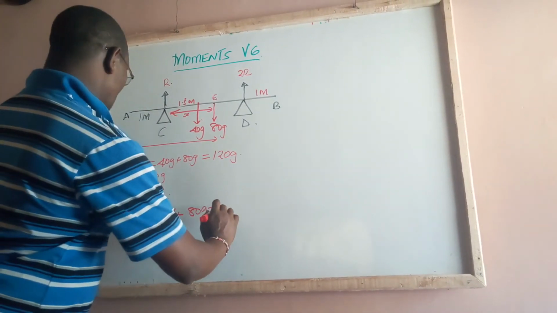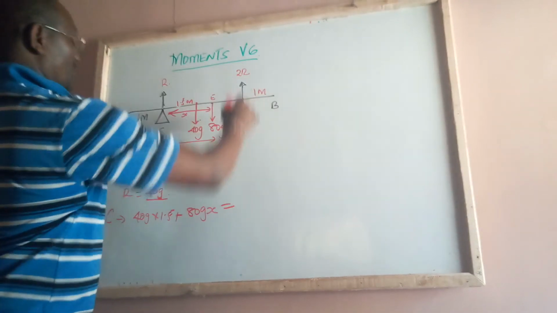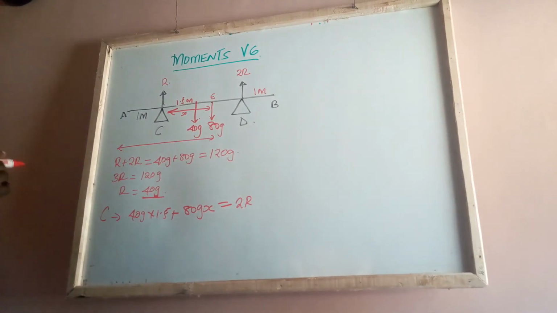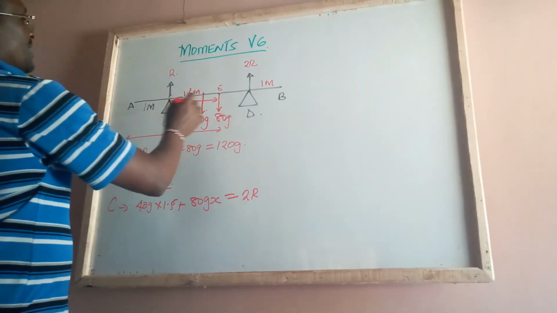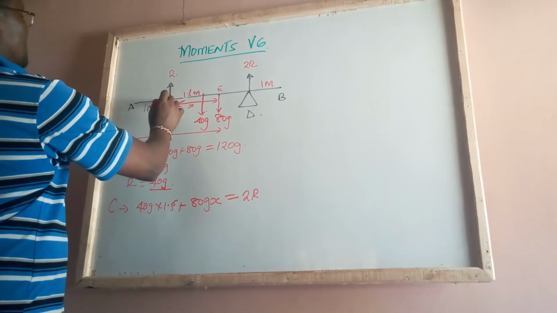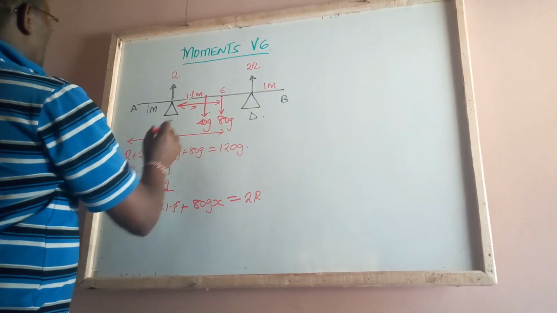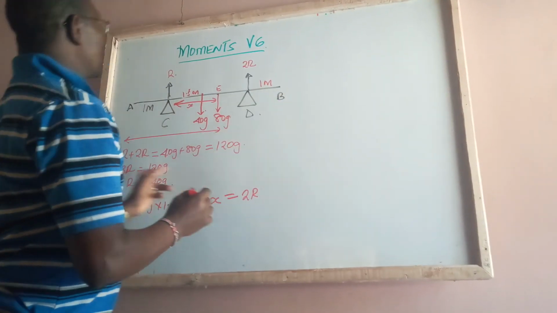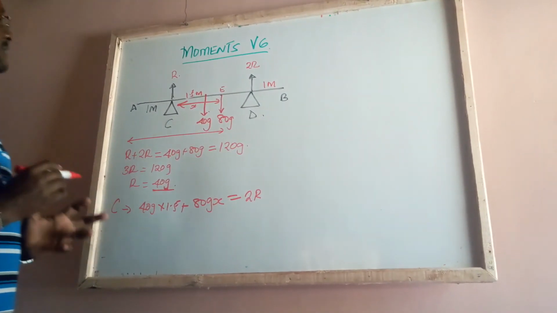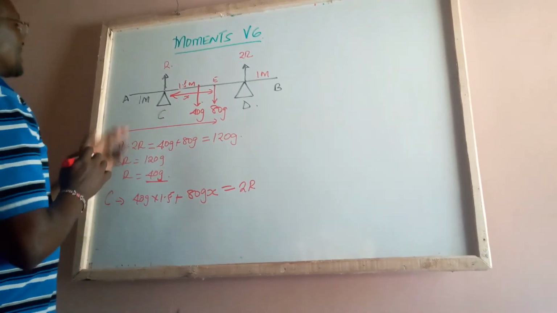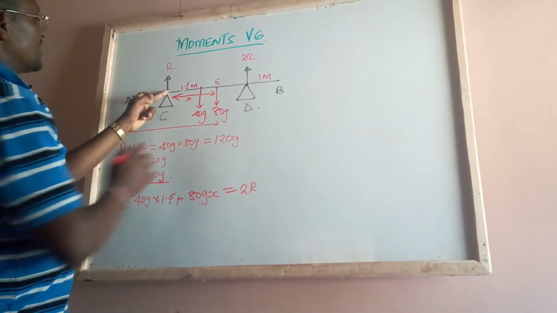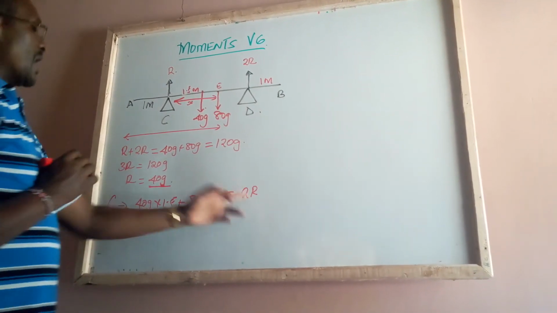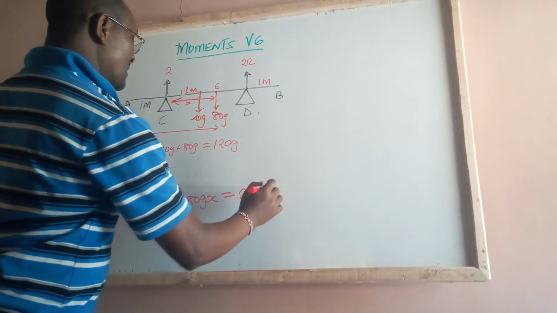This is going to be equal to 2R times the distance between C and D. Of course, we know AC is 1 meter and DB is 1 meter, and the whole beam is 5 meters. So we realize that the whole distance between C and D is obviously 3 meters. So 2R times 3 meters.